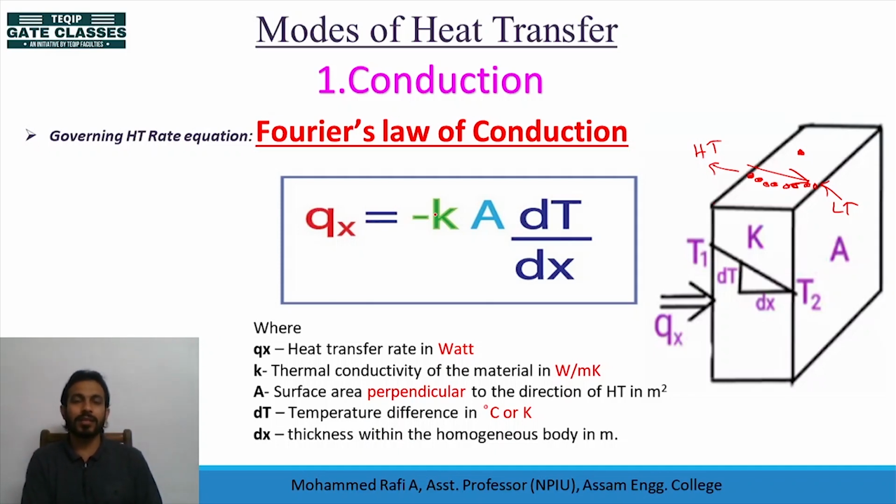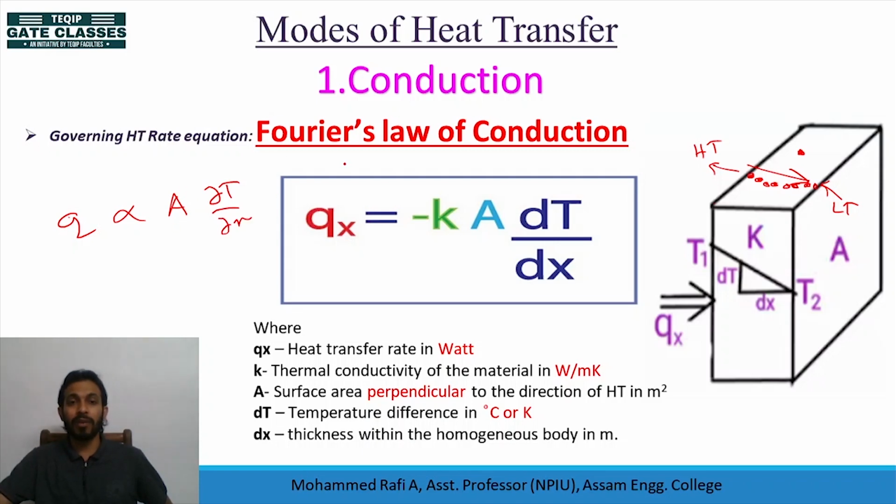Conduction governing equations are observed by experiment. Scientists like Fourier conducted a lot of experiments and started to correlate the parameters. Here the main parameter is the heat transfer rate. They observed it is directly proportional to the area and the temperature gradient.